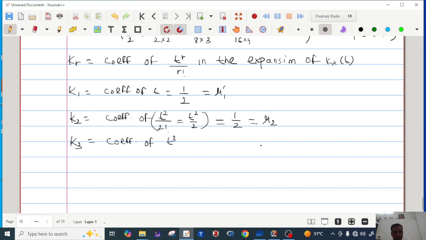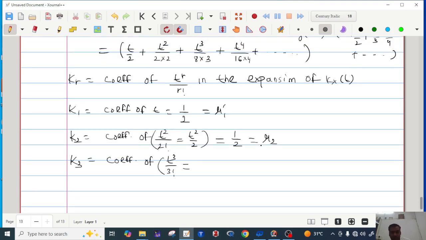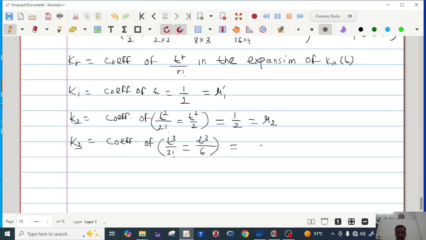t cube upon 3 factorial, where 3 factorial is 6. Here it is t cube upon 24, that is t cube upon 4.